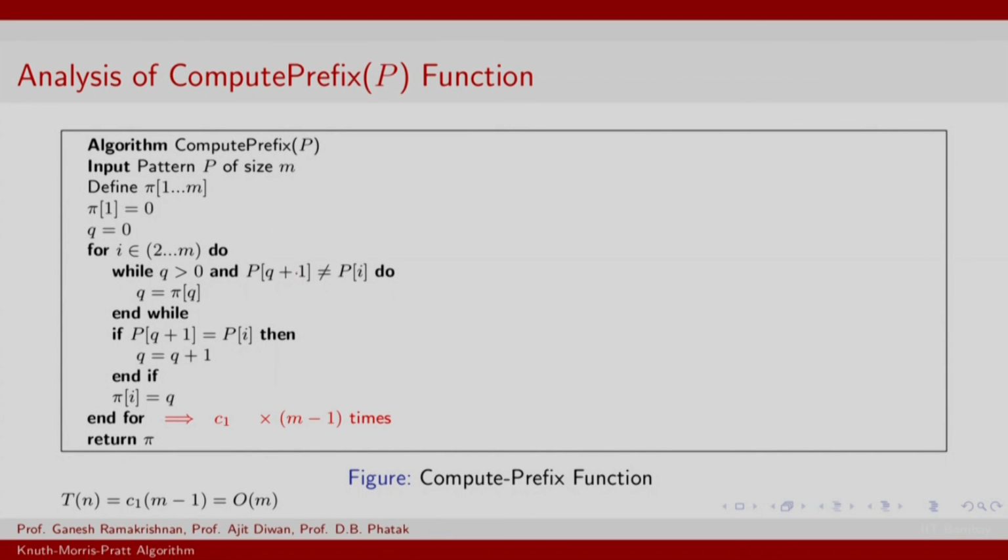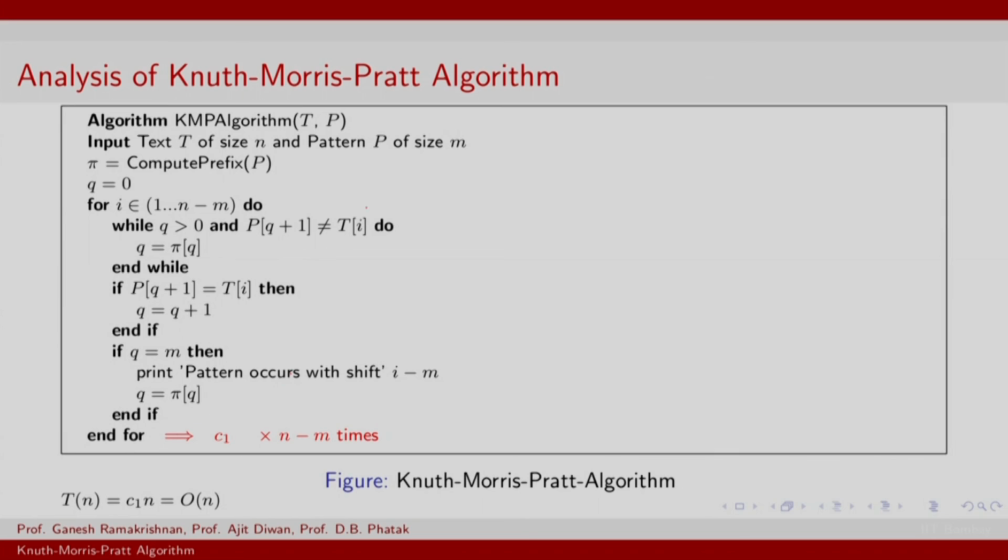What about running time? First of all, we are iterating over the pattern P m times. There is of course a bit of backtracking that happens when you set q to pi[q]. One can show that this actually cannot happen more than m times. So the overall computation will be order of m. Likewise, the pattern matching of P on T happens n minus m times overall over the index i.